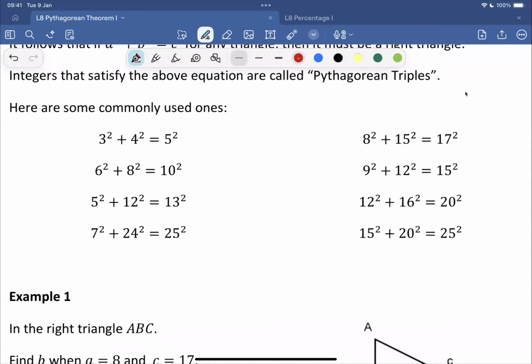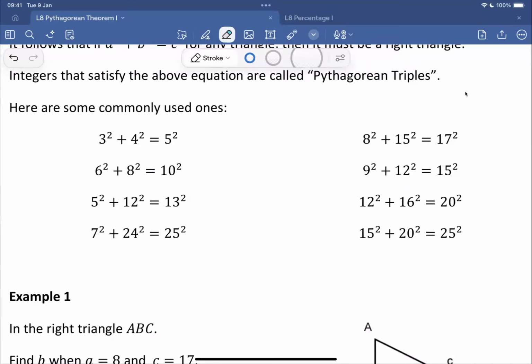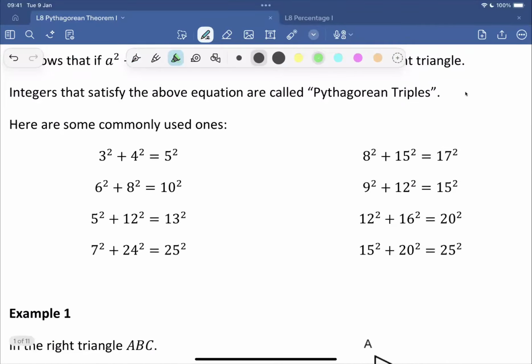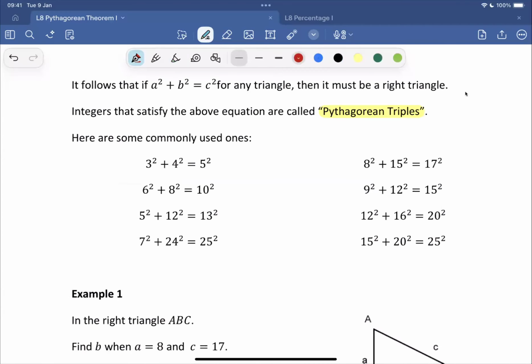Look at all this. These are all Pythagorean triples. So we call them Pythagorean triples. And if you memorize them, you'll solve the questions faster because you recognize the numbers and you don't need to do so many calculations. So one of the top three most commonly tested Pythagorean triples are these three here.